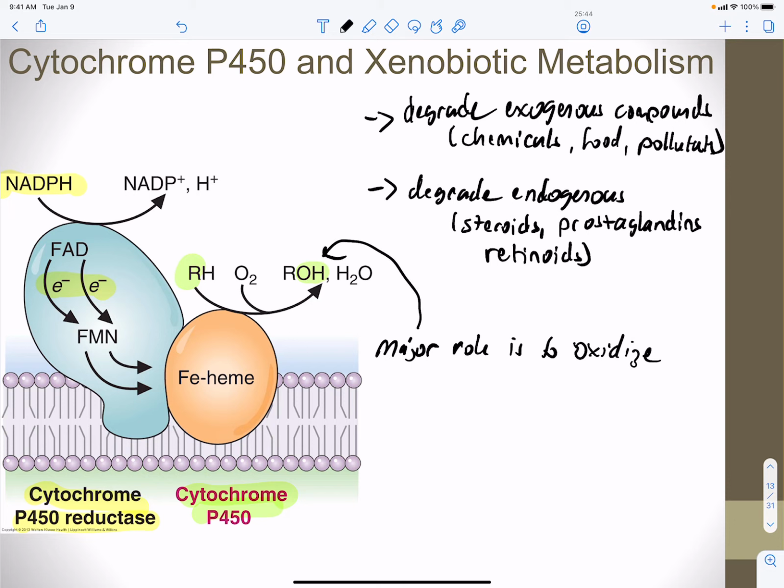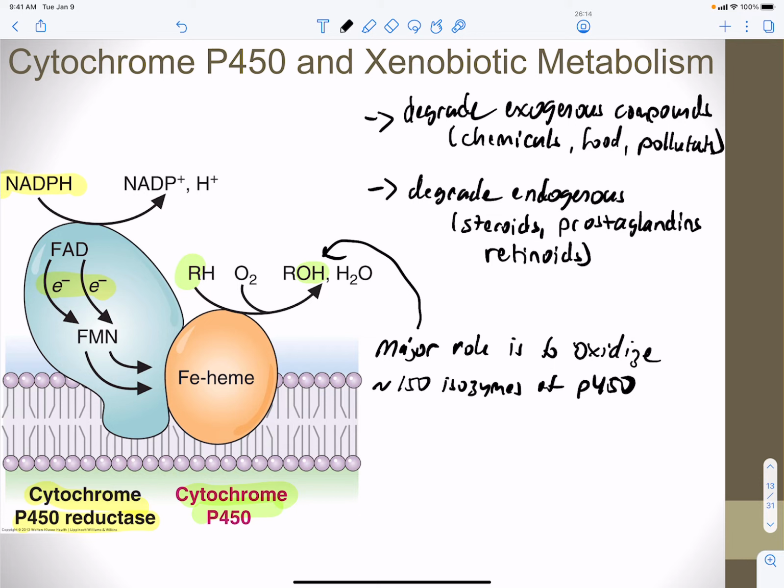There are at least up to 150 different isozymes of P450s. And the naming of the enzymes is based a lot of times on what it was originally identified as oxidizing or getting rid of.